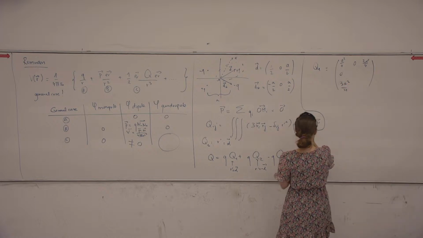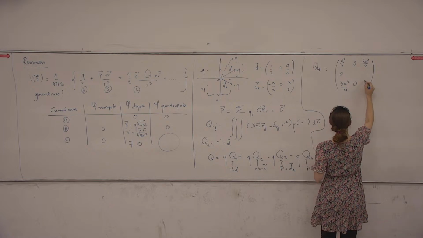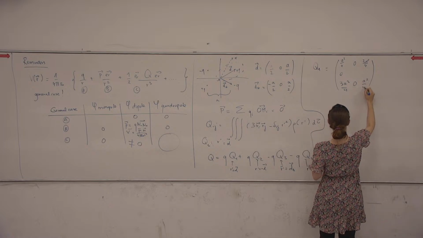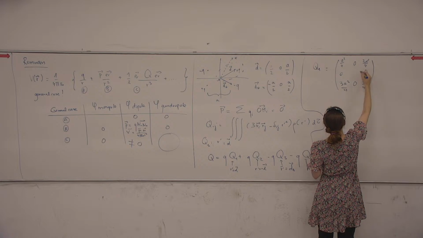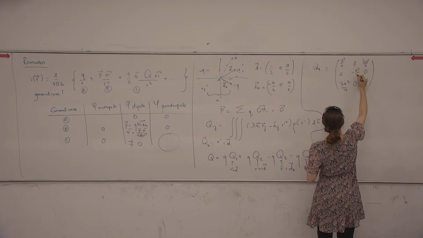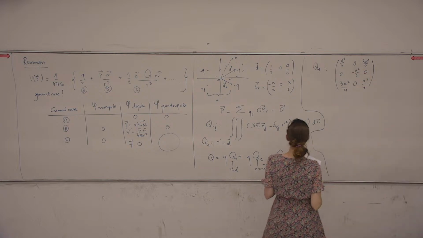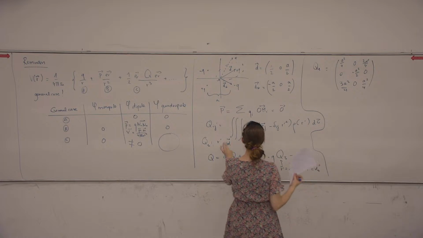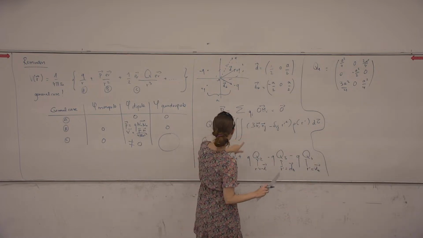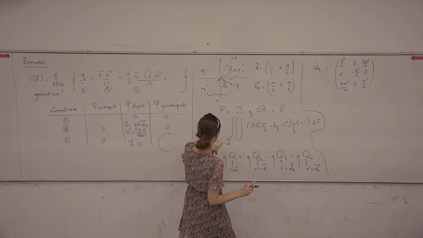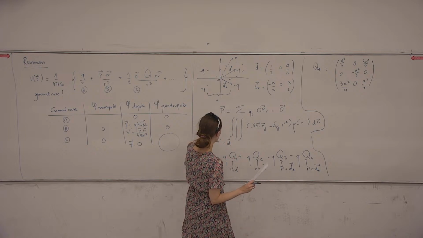I'm just replacing 0, a squared over 4, 0 and minus a squared over 2. So you simply need to replace in this equation R prime with D, and do the sum.